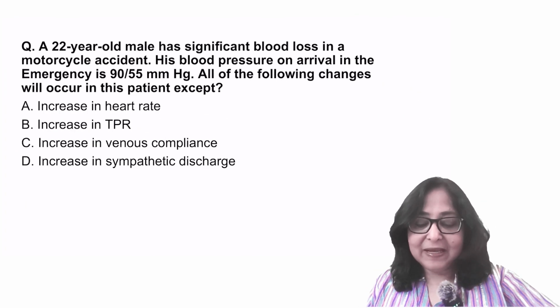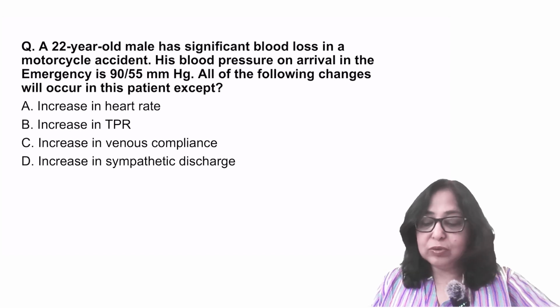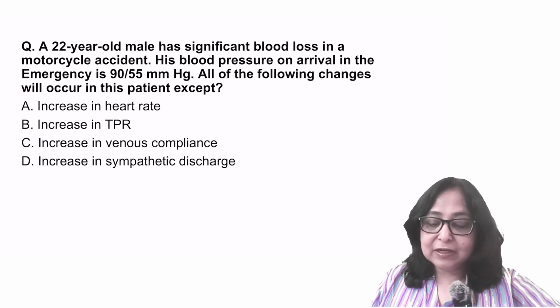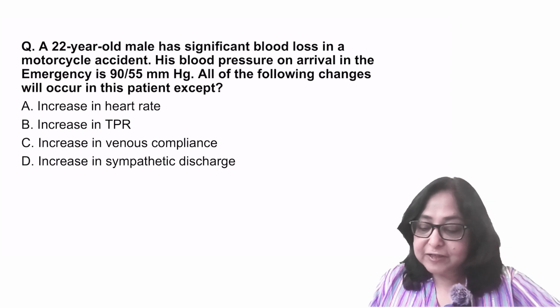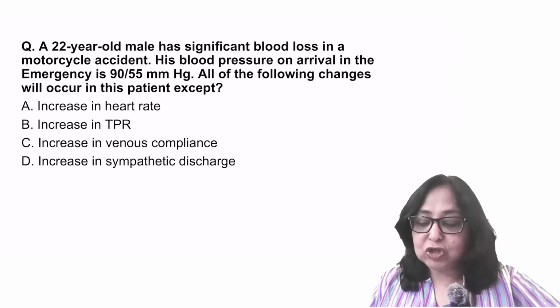Let's look at the next one. It says, a 22-year-old male has significant blood loss in a motorcycle accident. His blood pressure on arrival in the emergency is 90 by 55 millimeters of mercury. All the following changes will occur in this patient except.